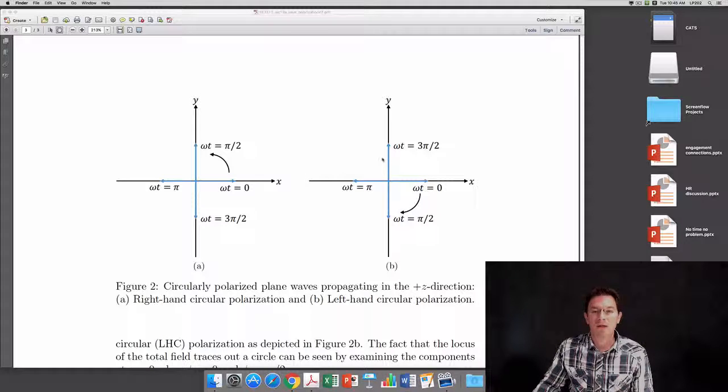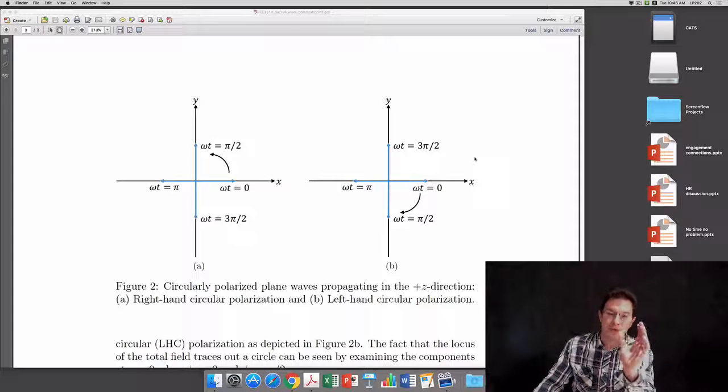At omega t equals 3 pi over 2, you'll be pointed in the positive y direction, and so on and so forth, rotating around in a clockwise fashion. This is called left-handed circular polarization because if you take the thumb of your left hand and point it in the direction of propagation, your fingers curl around in the direction that the electric field precesses in as time increases.